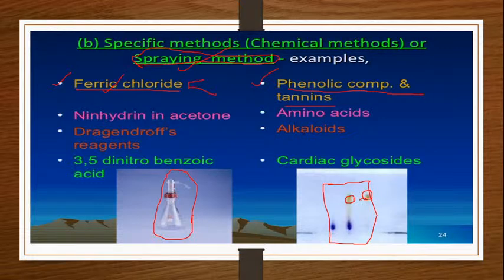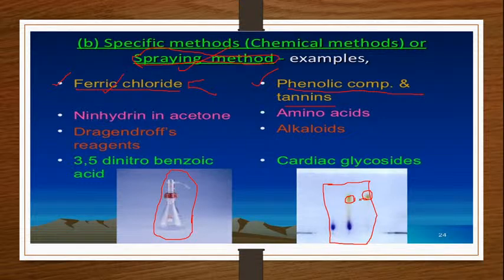This technique is also used in the case of TLC plates. So the first chemical is ferric chloride for detection of phenolic compounds and tannins. You just have to remember these pairs.